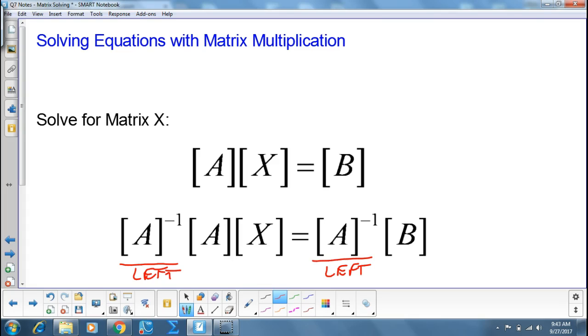Because I multiplied on the left side of the equation, I've got to multiply on the left side of the right side of the equation. Order matters when you're multiplying by matrices. Okay? Otherwise, it doesn't work out. The dimensions don't work out. Okay? So that's going to be crucial.